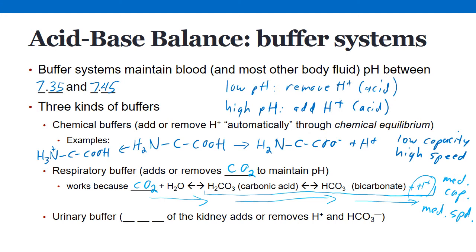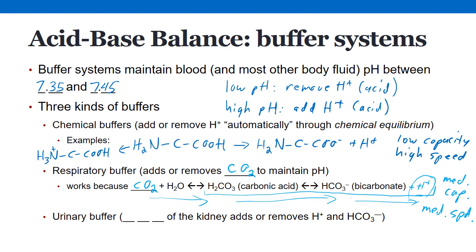But it still takes at least a minute to get all of that acidic blood through the lungs. And so while the chemical buffers work on a time scale of seconds, the respiratory buffer works on a time scale of minutes. So it's a medium speed.